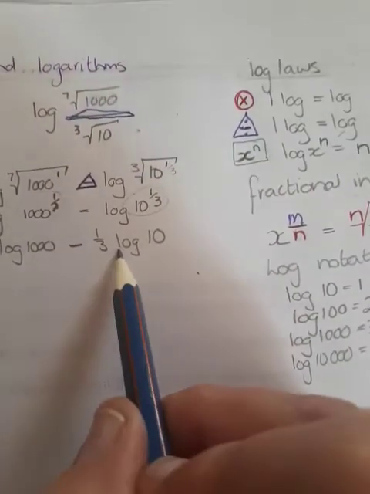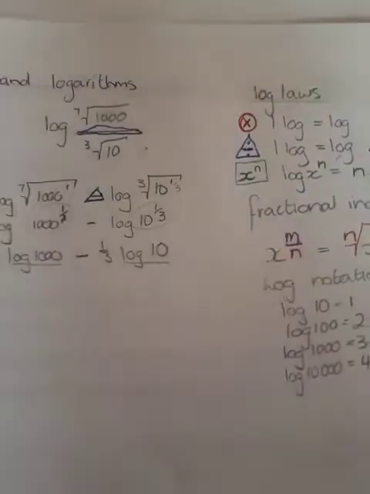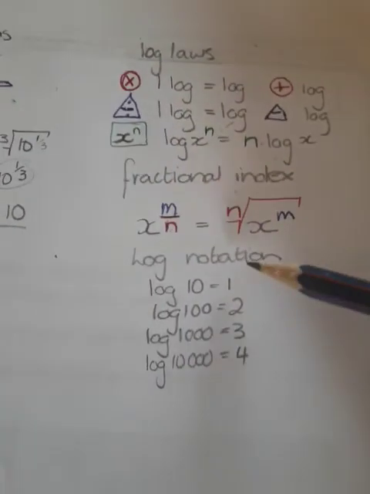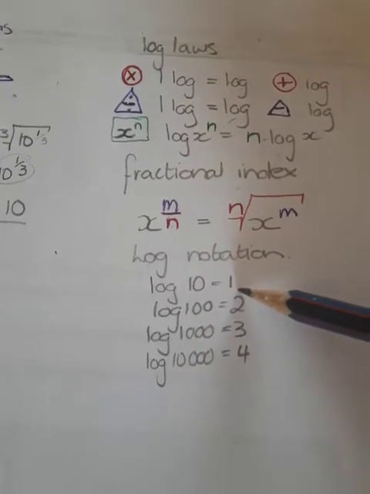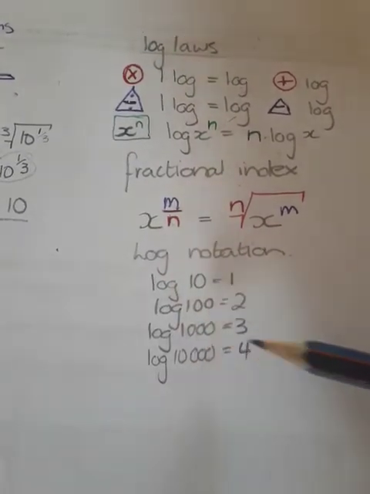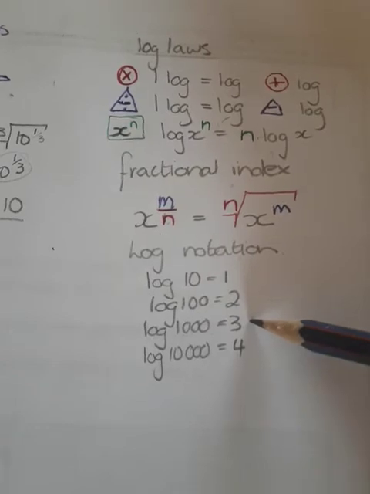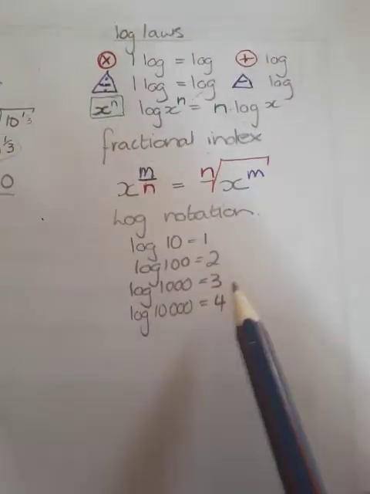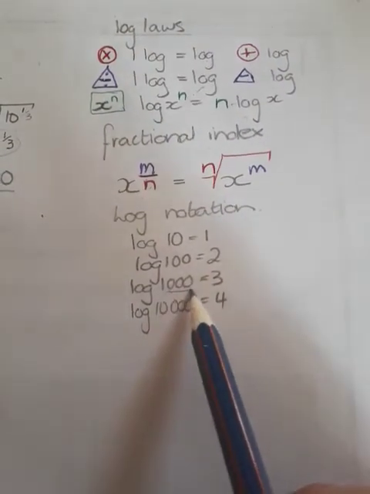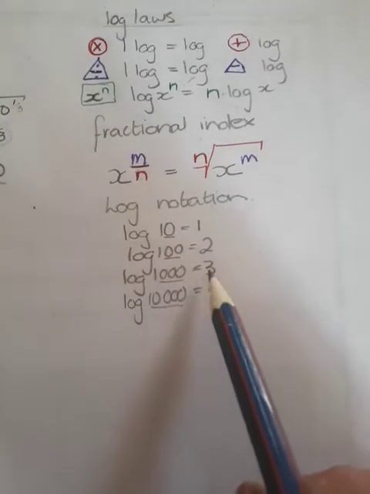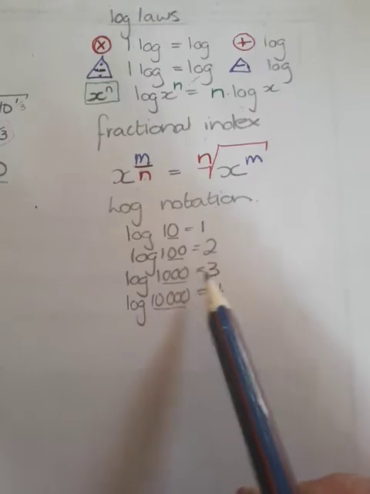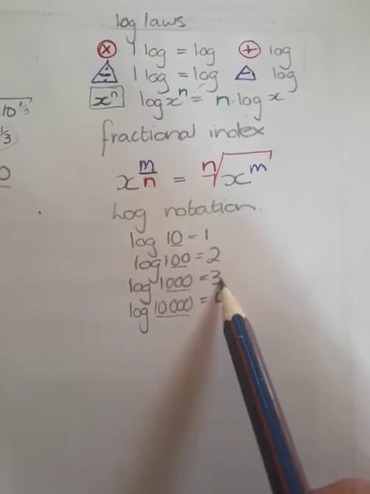All right, and then log of 10, log of 1000, you need to know the log notation. Log of 10 is the same as 1, and log of 1000 is the same as 3. Just remember, people, that the index indicates to you how many zeros there are. Okay, so if I have 3 zeros, then the log of 1000 is 3.